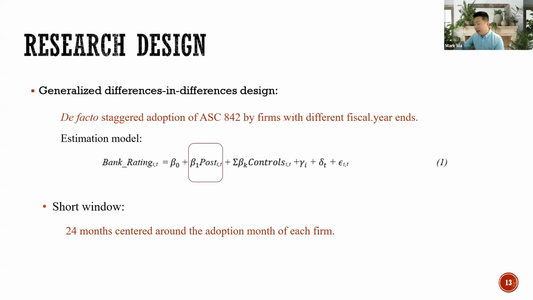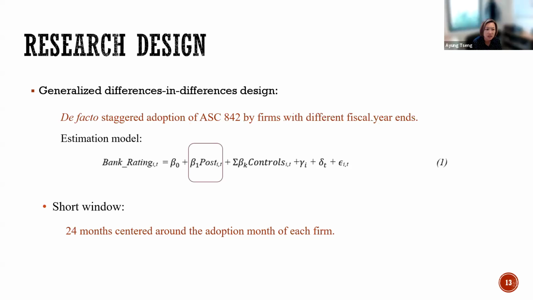Maybe March 2020, right? We do not have many observations adopted in that month or after that month, but we could definitely check whether results are robust if we exclude samples after March 2020.